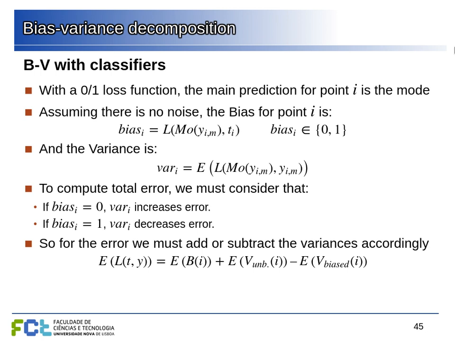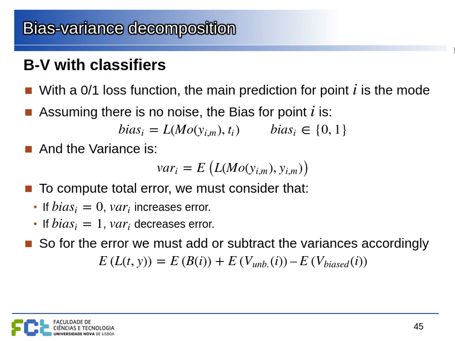But if bias is 1, so if most of the predictions are incorrect, then variance tells us something about the number of predictions that, even though they are in the minority, are correct. So having a large variance means that although most predictions are incorrect, a significant proportion of them are correct. A smaller variance will indicate that nearly all predictions are incorrect.